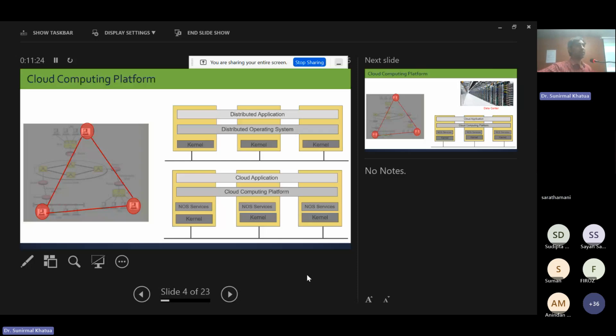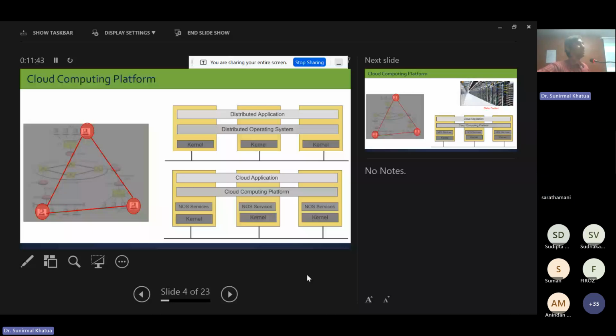But the structure is the same. Even if it is big data analytics, the middleware is a big data platform. If it is cloud resources, it is a cloud computing platform. If it is IoT resource management, this middleware is called the IoT analytics platform. But this scales well, it supports heterogeneity, it supports scalability. So this kind of platform we refer to as a cloud computing platform.